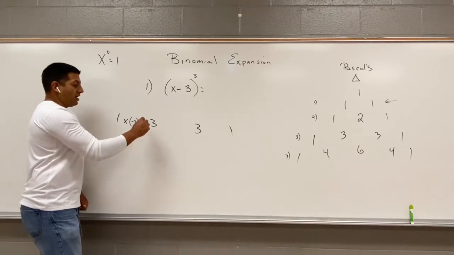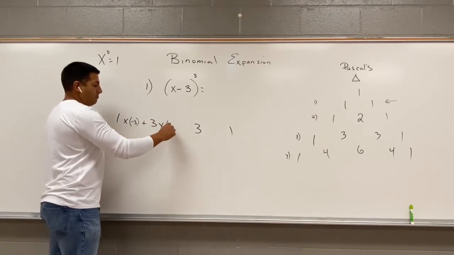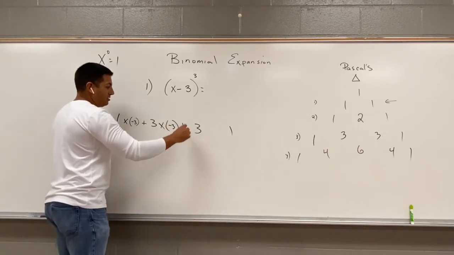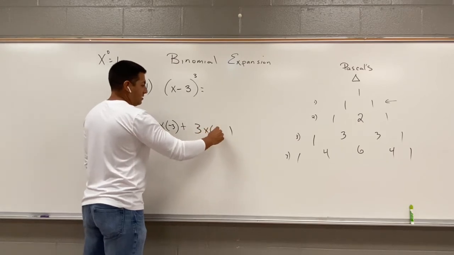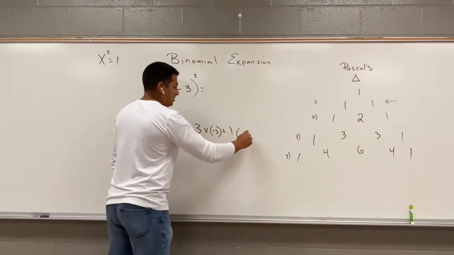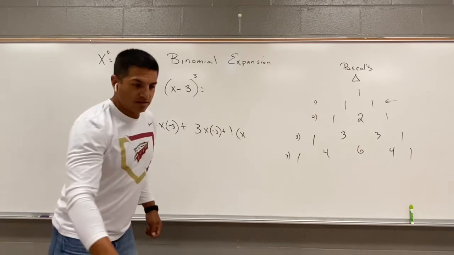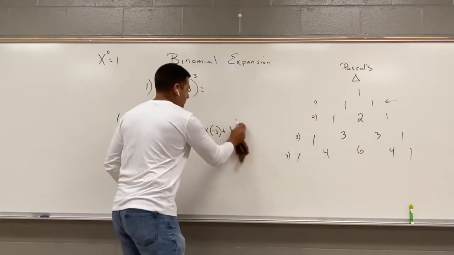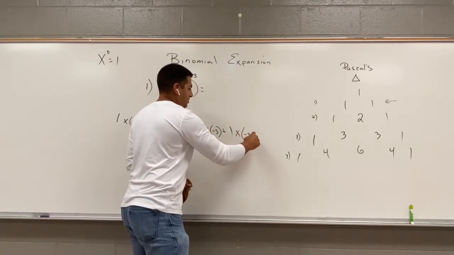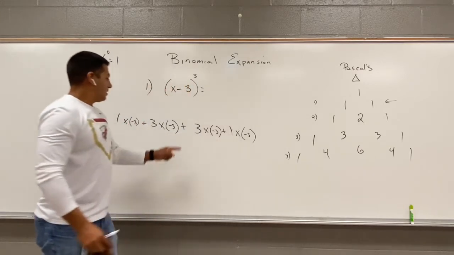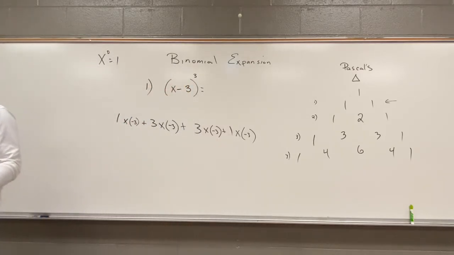And we can go ahead and write the plus x, -3, plus x, -3. Oh, I didn't even put the x in the parentheses. X in parentheses, -3. Now that plus is there just to visually show us that there's a separation. These are different terms, right?